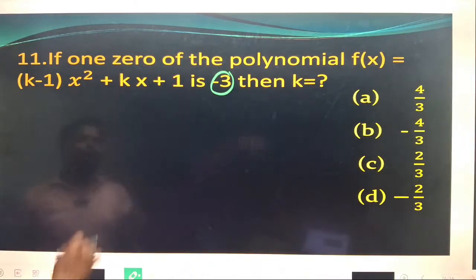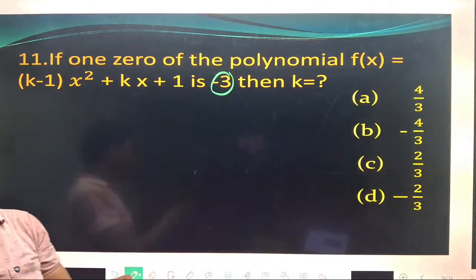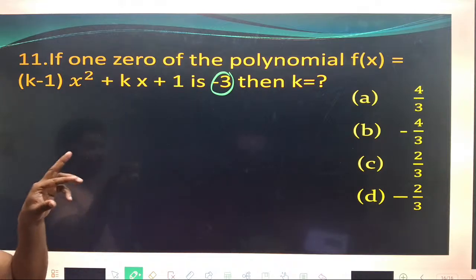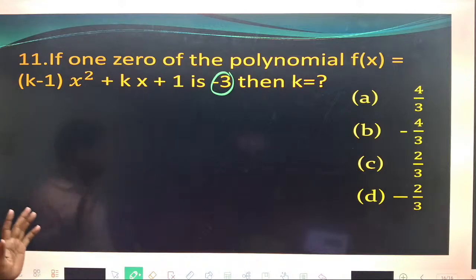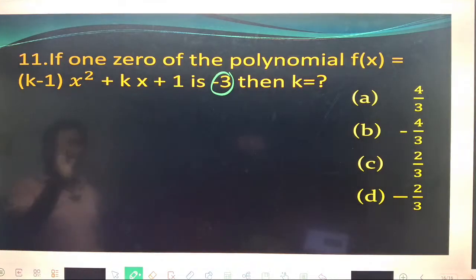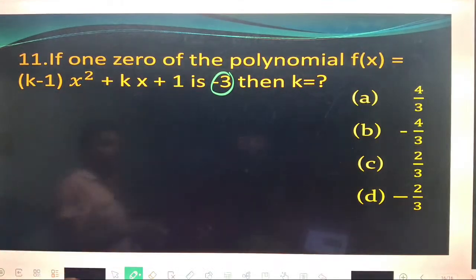If you find the value of the polynomial for this value, the polynomial becomes 0. The major concept is that at a zero of the polynomial, the polynomial becomes 0. Now you put the value of the zero in place of x and solve, comparing with 0.